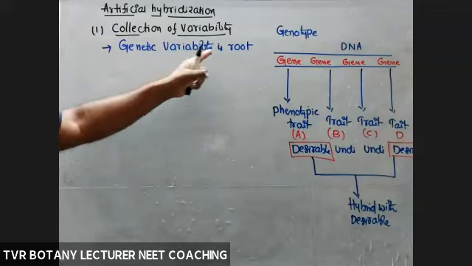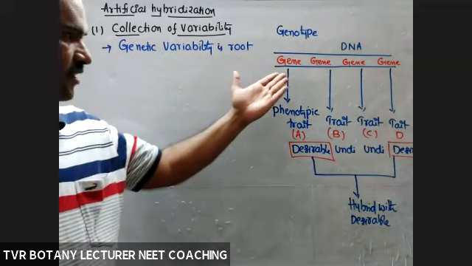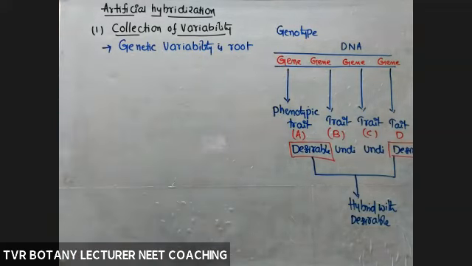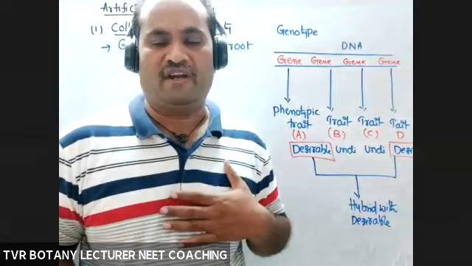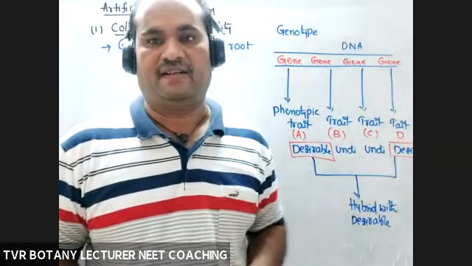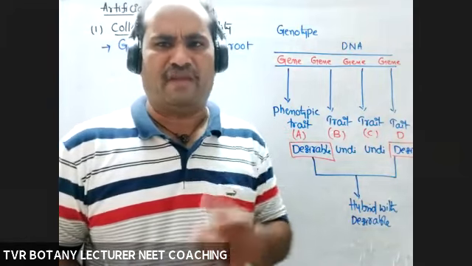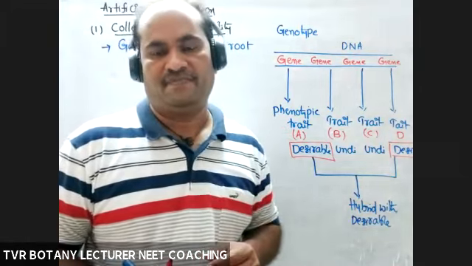Genetic variability is root. That is the main one. Just by manipulating genetic material only, we are able to change phenotypic characteristics. For example, in our body, skin color depends on a pigment. That pigment is well known to you, melanin pigment, concentration of melanin pigment.